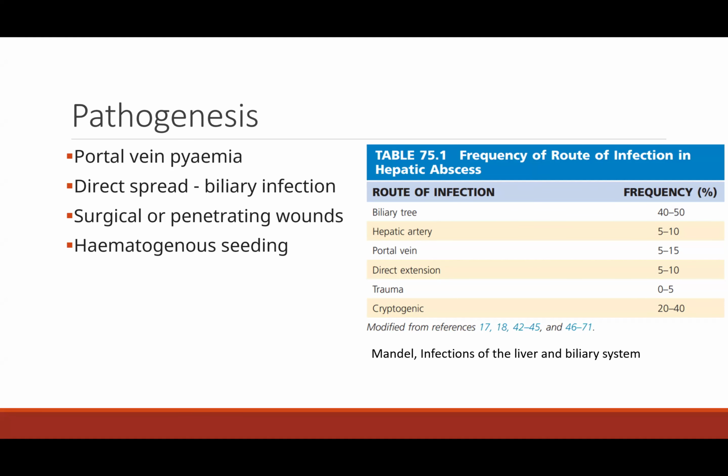Okay, then in terms of clinical presentation, only about 1 in 10 patients will present with the classic triad of fever, jaundice, and right upper quadrant tenderness. But patients may present with other non-specific symptoms, which would include things like nausea, vomiting, anorexia, weight loss, and malaise.